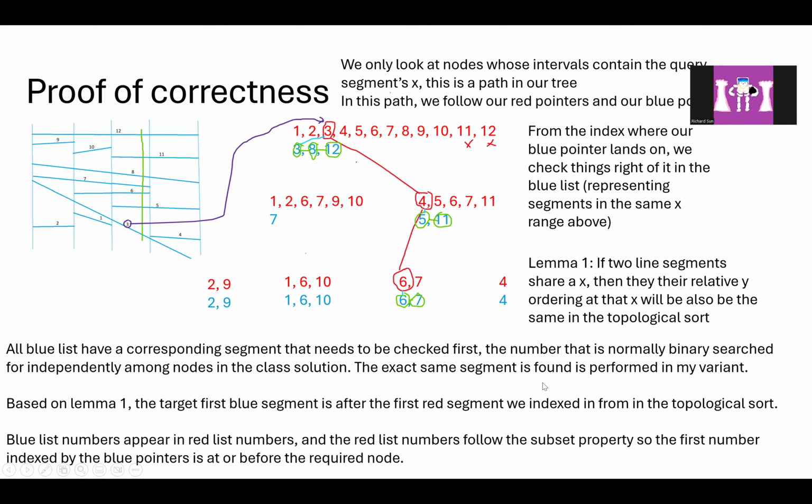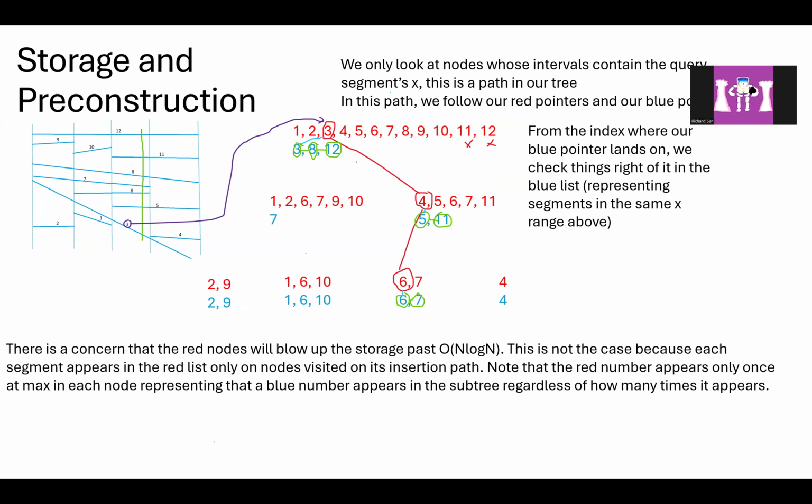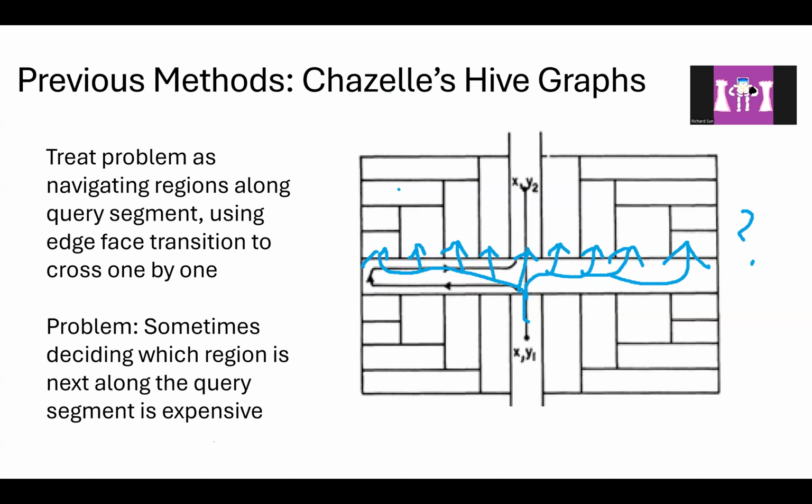Even though in the topological sort some segments can't necessarily be compared with each other, you have enough that it works out. The storage and pre-construction are both n log n.